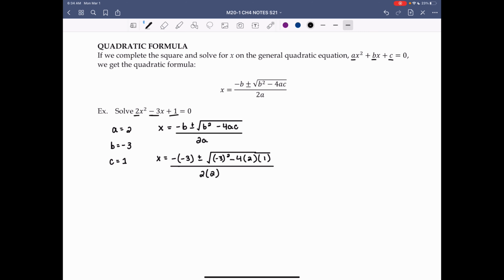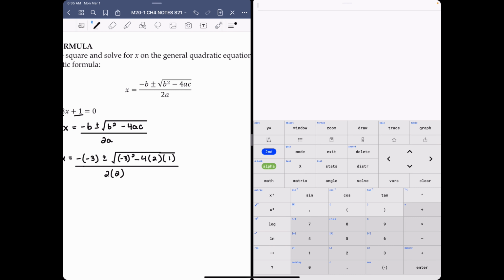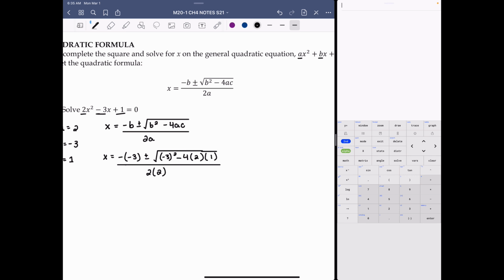Now I'm going to use my calculator. Negative negative 3 would be positive 3, so x equals 3 plus minus. I want to calculate what's under the square root. So bracket, negative 3, close bracket, squared, minus 4 times 2 times 1.